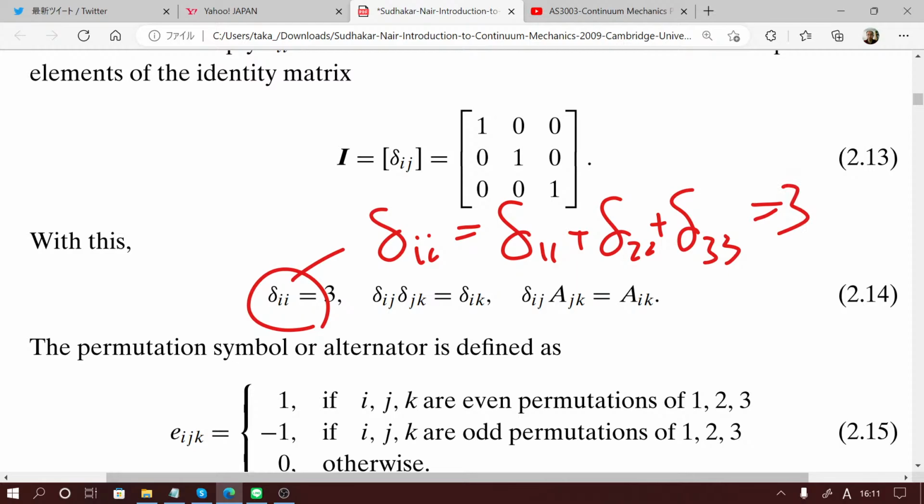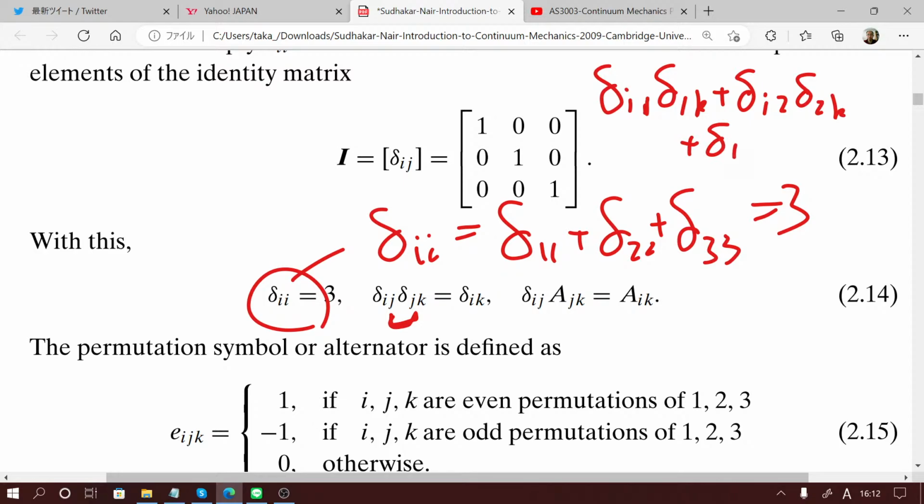So for delta ij delta jk, j is the summation index. So you will have delta i1 delta 1k plus delta i2 delta 2k plus delta i3 delta 3k.